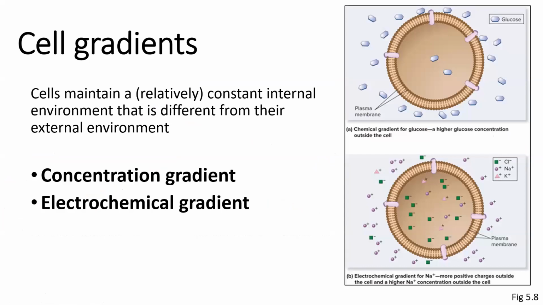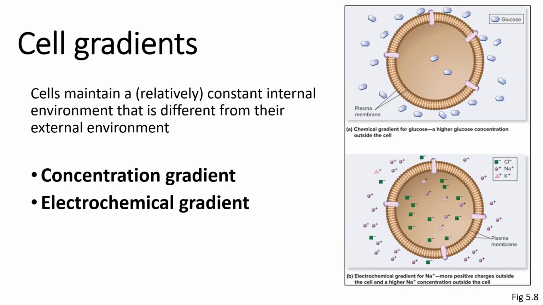So there are different cell gradients that are found in a cell, and we know that cells are able to maintain a relatively constant internal environment. That means maintain homeostasis, okay? We want certain substances within the cell at a certain level.